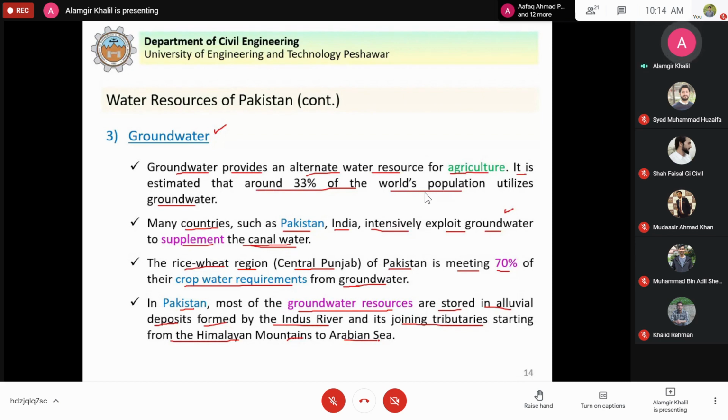The water flows in these rivers and carries sediments, and then these sediments deposit and the water is trapped below. You can see alluvial deposits, alluvium, those are carried by the rivers.